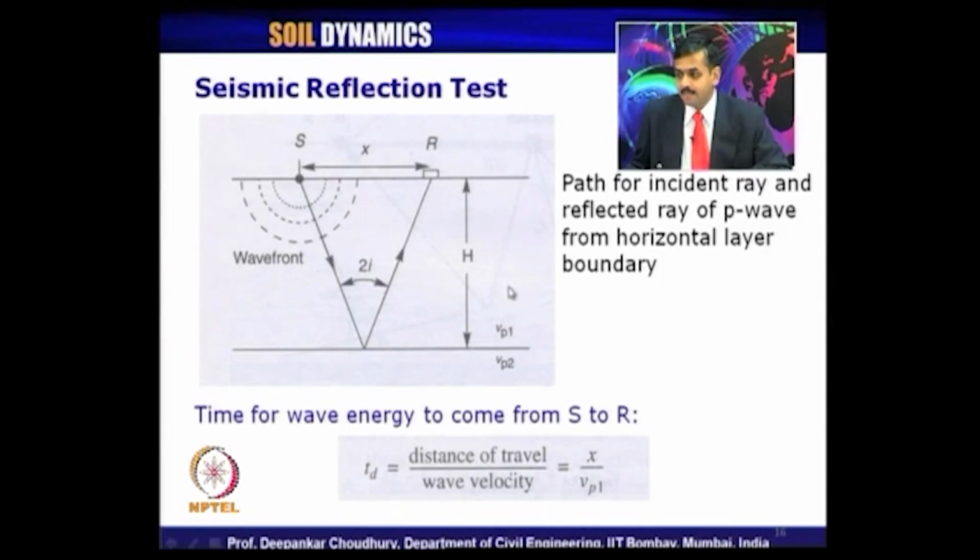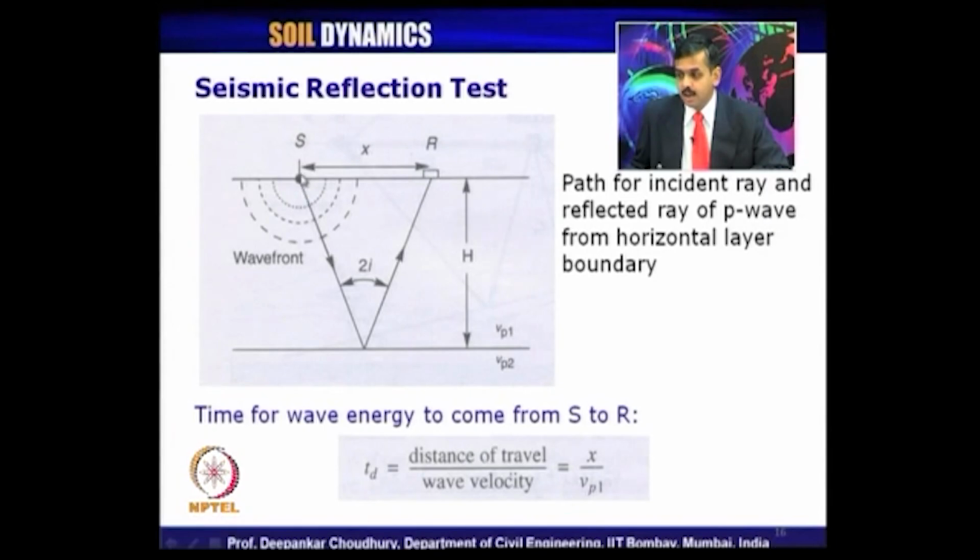Suppose we have layered soil media like this, and let us first assume these are horizontal layers. The top layer has a primary wave velocity, or P wave velocity, say Vp1, and the second layer has a P wave velocity of Vp2.